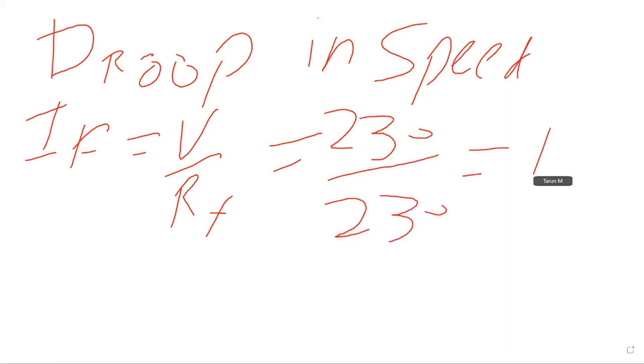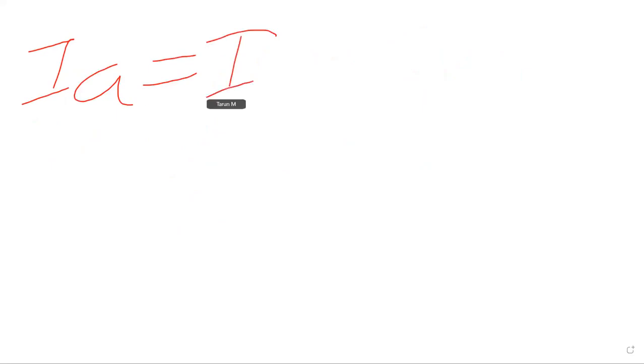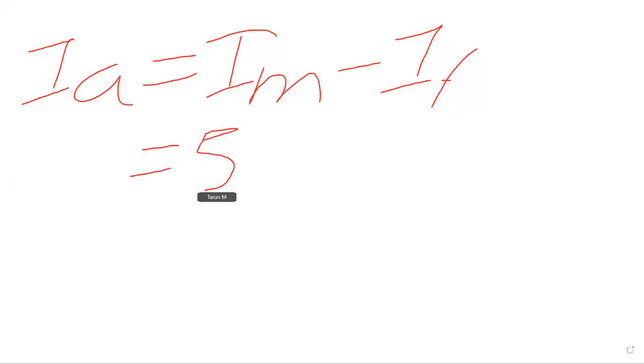Now we want to calculate the armature current. For calculating armature current, we have the formula: armature current equal to total current flowing through the motor minus current flowing through the resistance. Total current is given in the problem, that is 5 amps, and field current we already calculated, that is 1 amp.